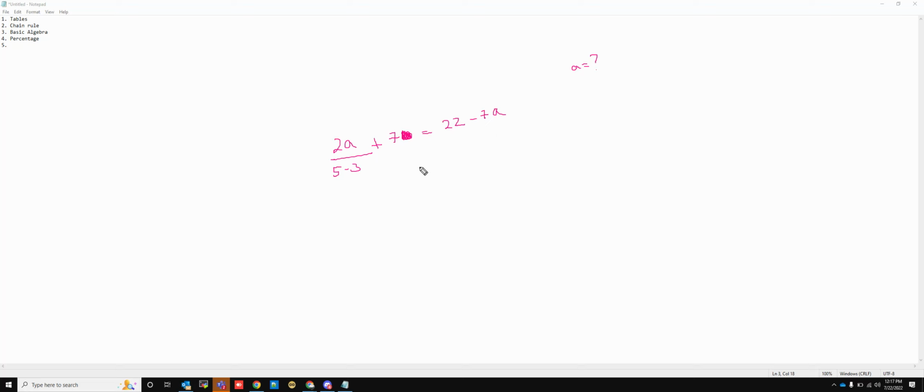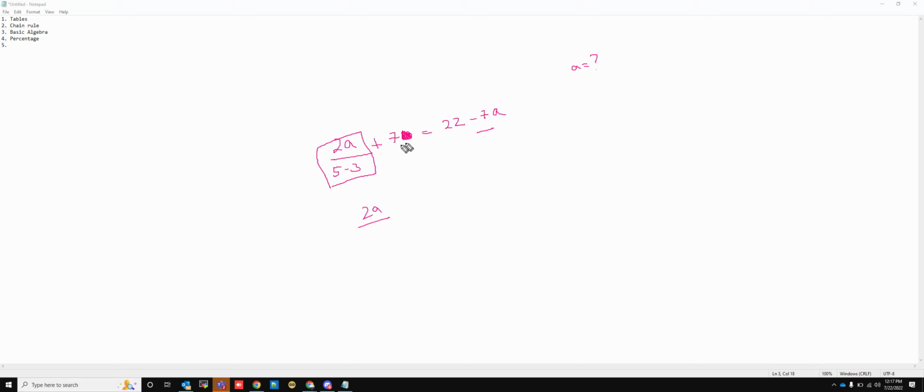Okay. First thing is, we have to find a. So bring a to the left hand side and bring everything else to the right hand side. Okay. So it will be 2a, the whole a component you have to keep. See, if it is like this now, this division you cannot bring it here. Only if this term is there in the left hand side, then this 5 minus 3 is 2, right?